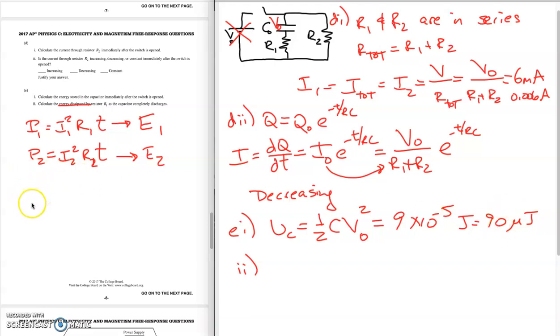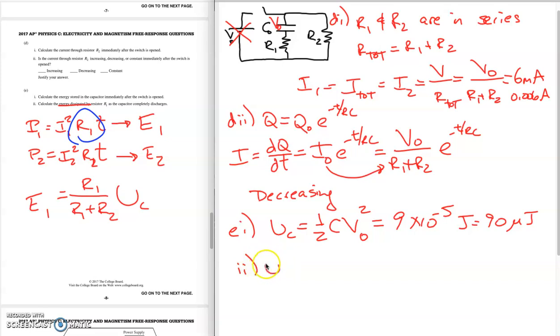So energy dissipated by, they wanted 1. It's going to be just a fraction, because keep in mind, the only difference between these guys is in the resistance. So it's going to be R1 over the total, because we don't want the relative values. What we want is how much of the total do we have, times however much was in the capacitor, which supplied all of the energy.